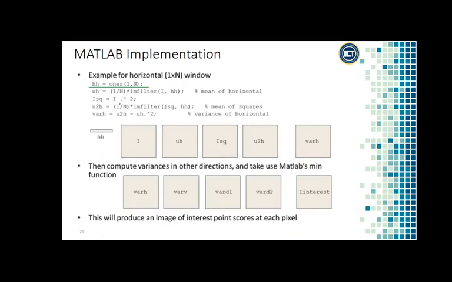So I square is I squared with all the elements. This dot sign is an element-wise operation. For U2H, we again apply the mean filter on the squared image, and then we get the variance from U2H minus the mean. So it's like this.